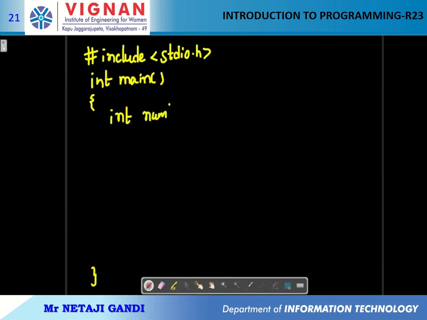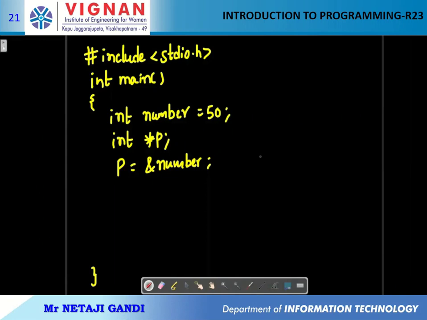So let me consider number is equal to some value like 50, and now we can consider a pointer variable int star p. So this is a pointer variable. Now p is equal to address of number. P is a pointer holding the address of another variable.